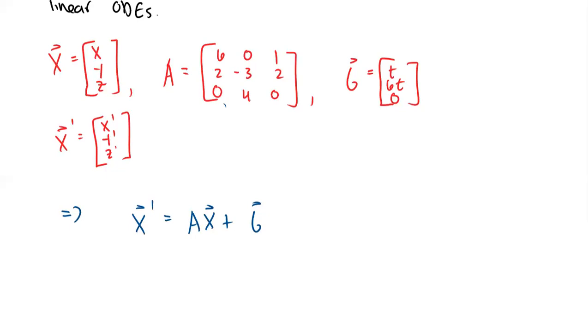So you're always going to see matrices show up. Another reason it is useful to write our systems in terms of matrices is that it allows us to use the techniques of linear algebra. And we can do this because our equations are first order linear ODEs.